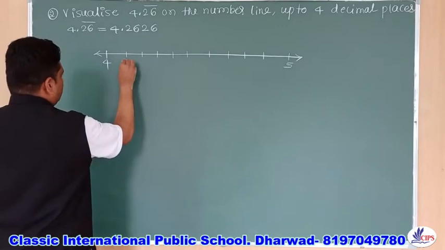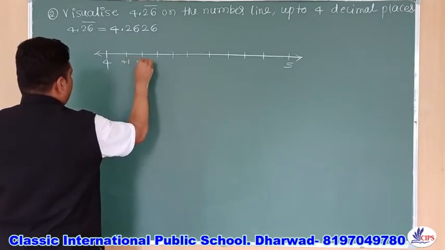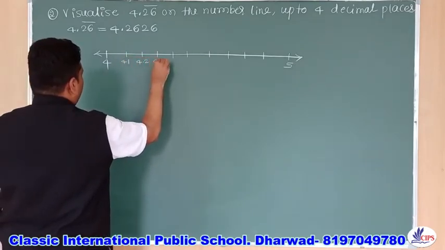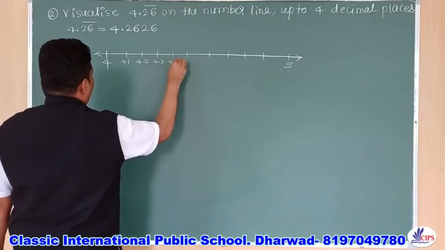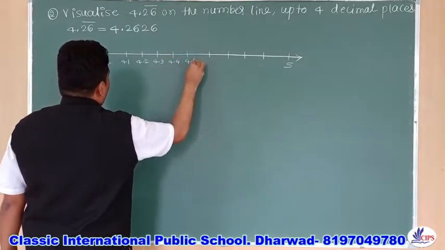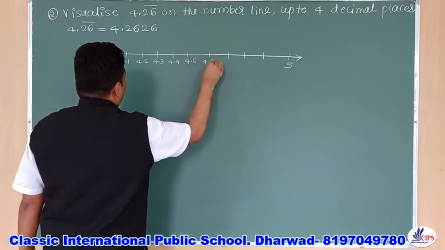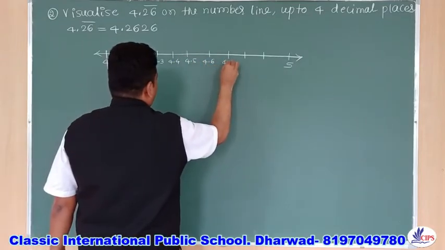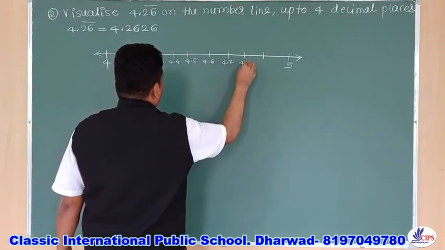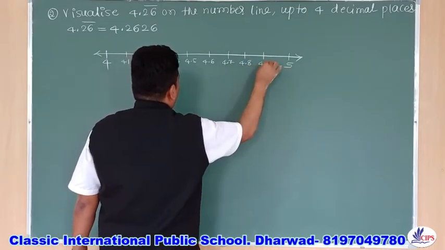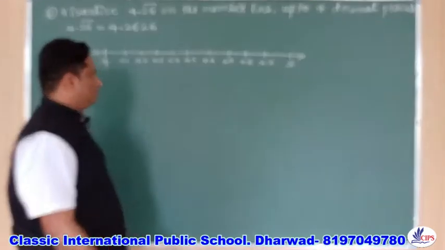Okay. It is 4.1, 4.2, 4.3, 4.4, 4.5, 4.6, 4.7, 4.8, 4.9, 5.0, right?